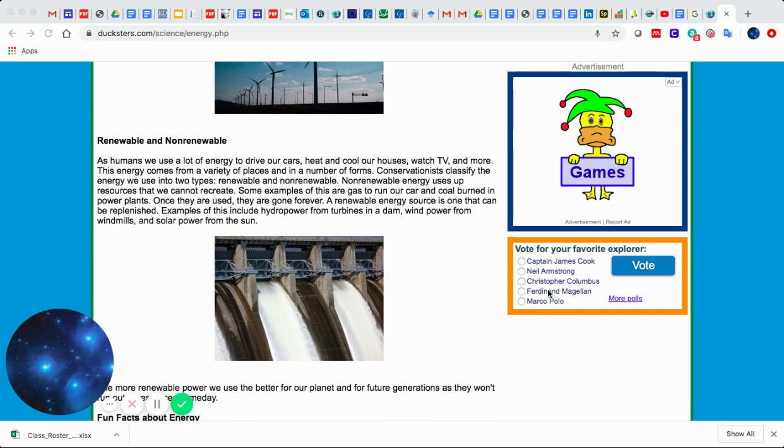Later in the unit, we are going to be talking about renewable and non-renewable energy sources, and it just saves the world if we are able to utilize water and transfer it into energy that we can use to power our houses.